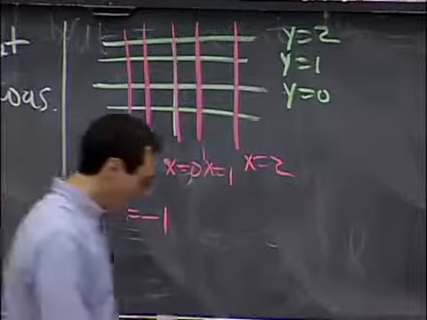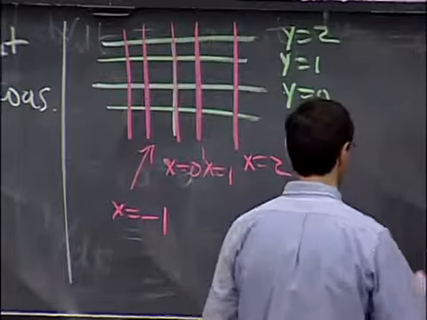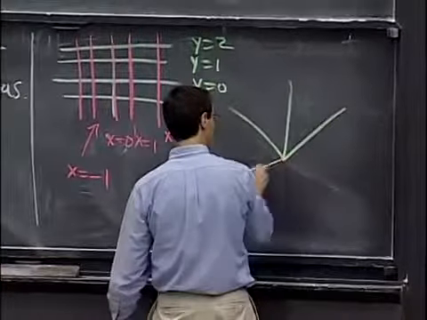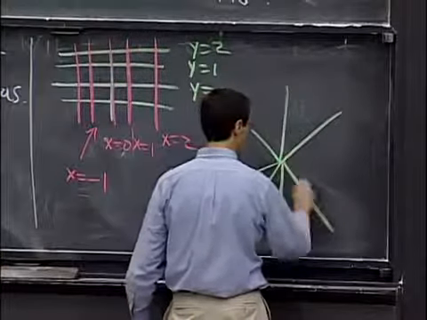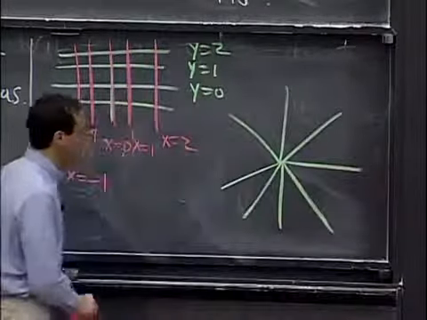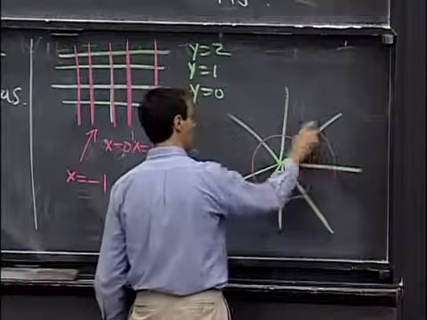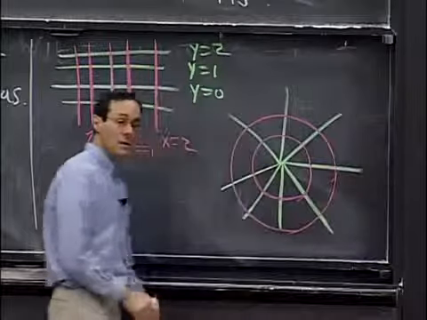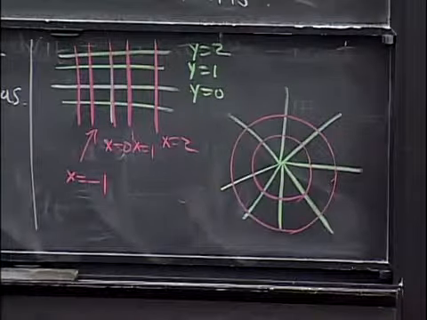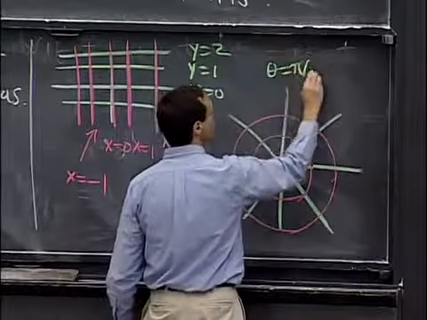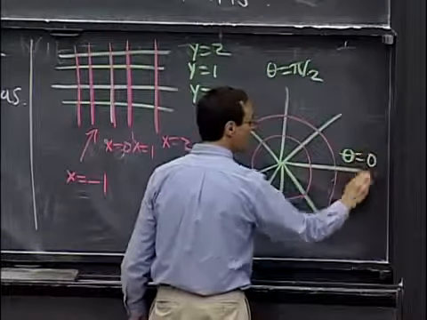And now I should draw the other coordinate system that we have, which is this guy here. Well, close enough. And these guys here, kind of this bullseye or target operation. And this one is, say, theta is equal to pi over 2. This is theta equals 0.